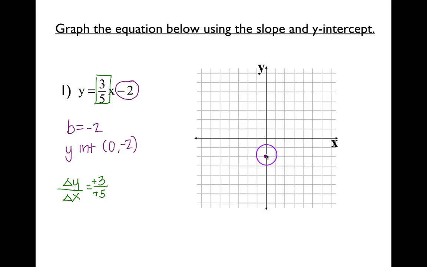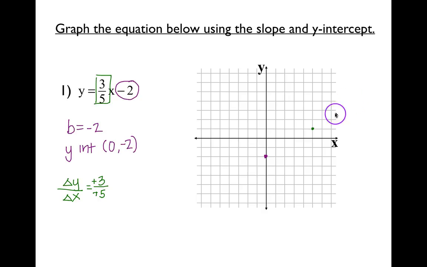Since it's +3, I'm going to go up 3: 1, 2, 3. Since it's +5, I'm going to the right because that's the horizontal change: 1, 2, 3, 4, 5. Now, if I could continue to go up 3 and over 5, I would, but notice I'm going to fall off of the graph, so I'm going to stop.